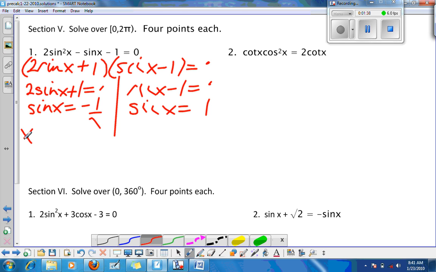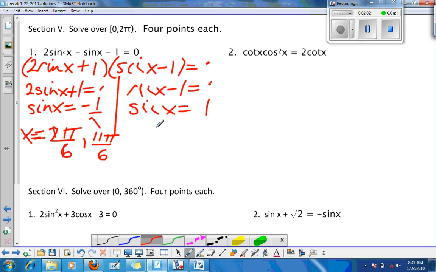And the 1/2 means I need a reference angle of pi over 6. So the angle in quadrant 3 that has a reference angle of pi over 6 is 7 pi over 6. And the angle in quadrant 4 that has a reference angle of pi over 6 is 11 pi over 6. So this is 7 pi over 6 and 11 pi over 6.